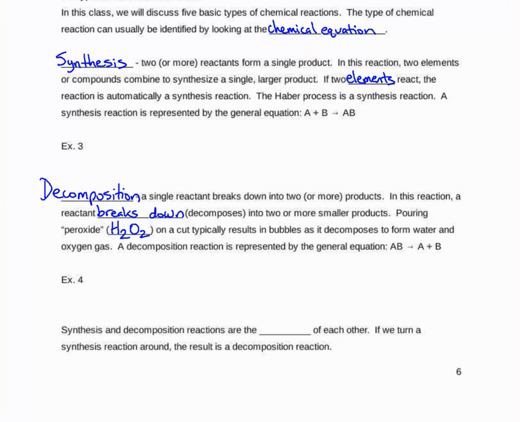The last thing to note about these two types of equations, synthesis and decomposition, is that they are the reverse of each other. So we've talked about your cell phone battery.